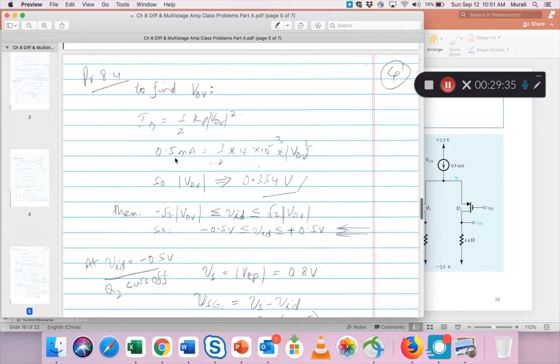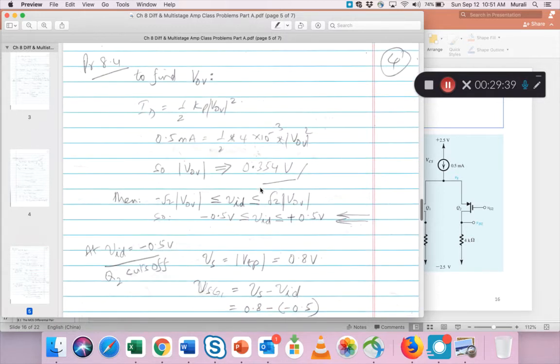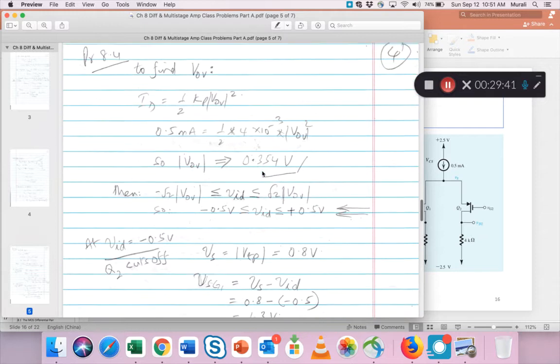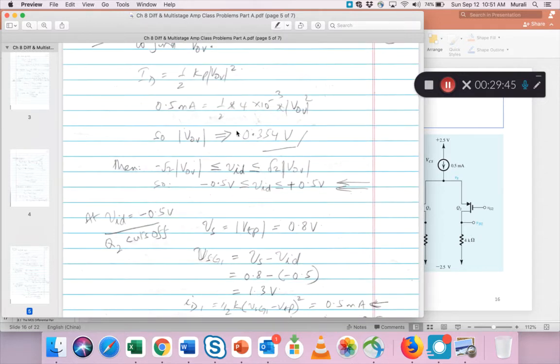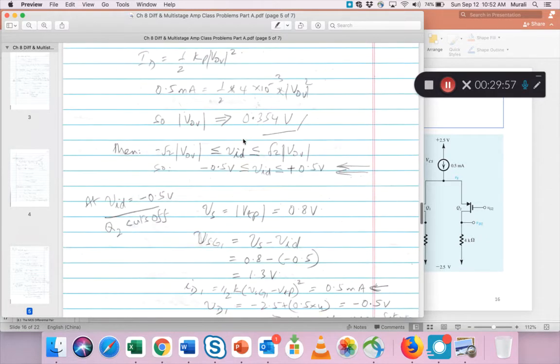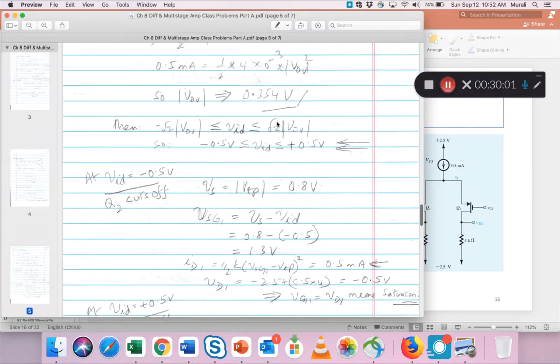And here we're using 0.5, and we're coming up with 0.354. So this change isn't really making a big difference. It's still 0.354, which is slightly different from 0.350. Anyway, the overdrive voltage is still 0.35. This is a very small current, right? So that's why the overdrive voltage doesn't seem to be very different.